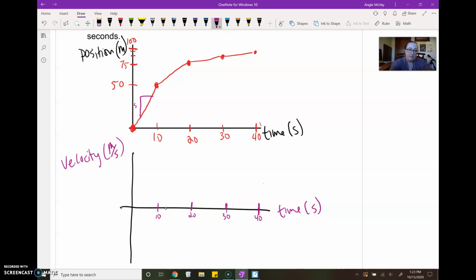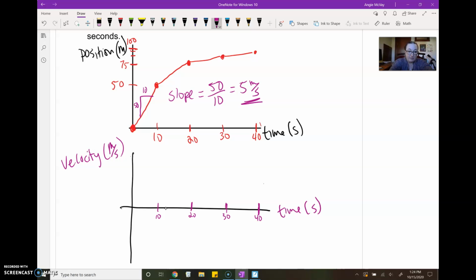I've got 50 meters in 10 seconds, so the slope is 50 over 10, which is 5 meters per second. We know that is the fastest this person will go because that's where they're covering the most distance in a 10-second time frame. And also we see that line has the steepest slope on the graph.